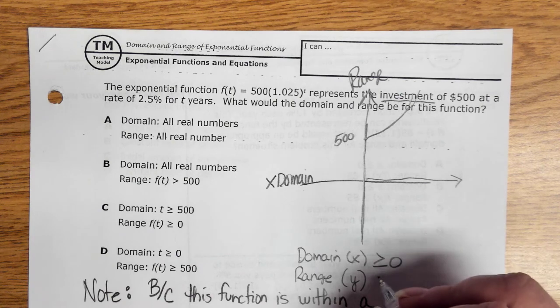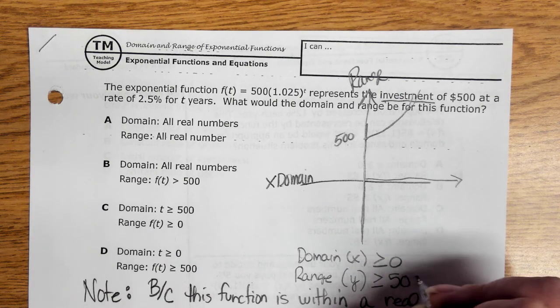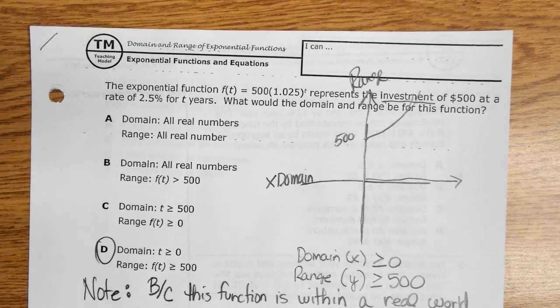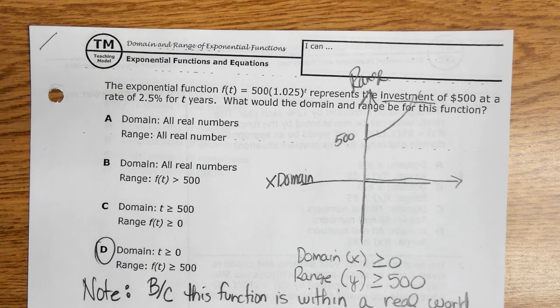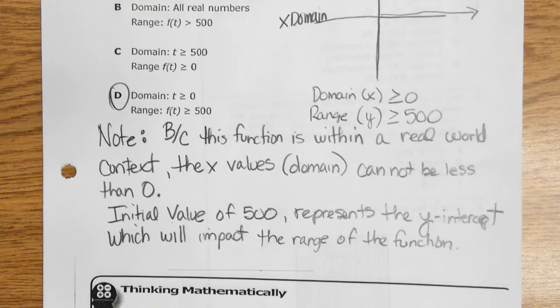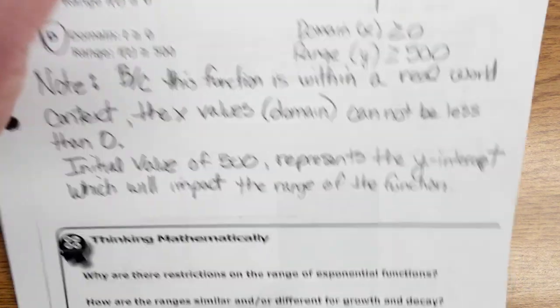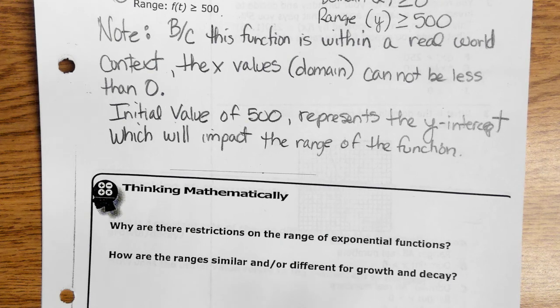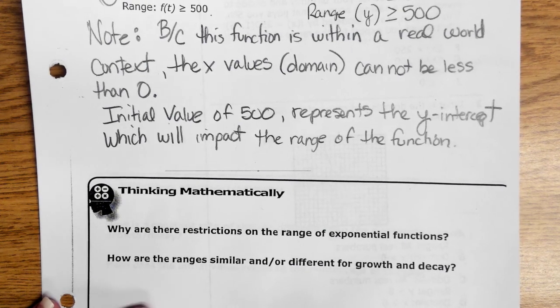Is going to be greater than or equal to 500. So the only one that works is D. Okay? It's not so bad as you thought, right? Okay, we're going to do a lot of writing down here on the bottom. And I'm going to do a lot of writing, and then I hope that as we work some problems, it's going to help explain some of this writing.